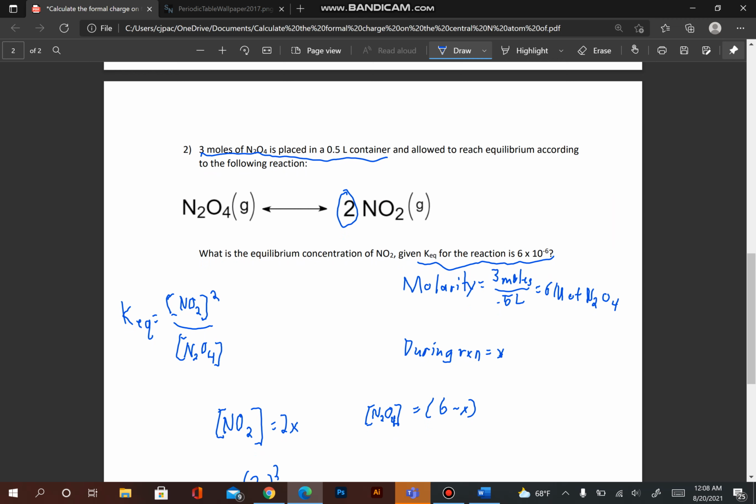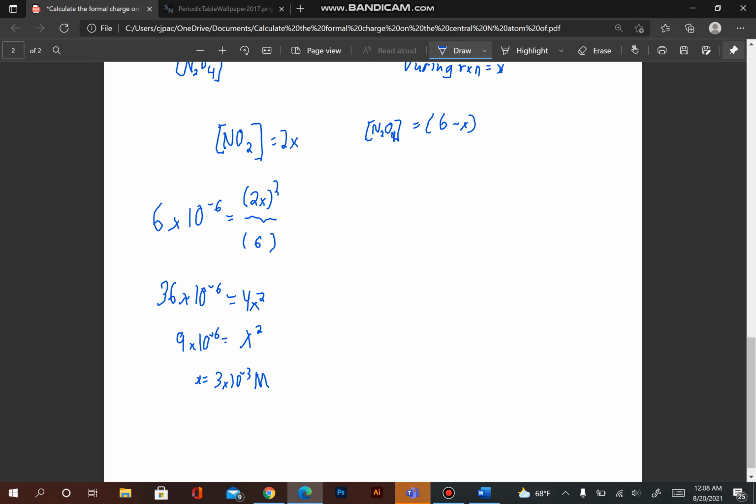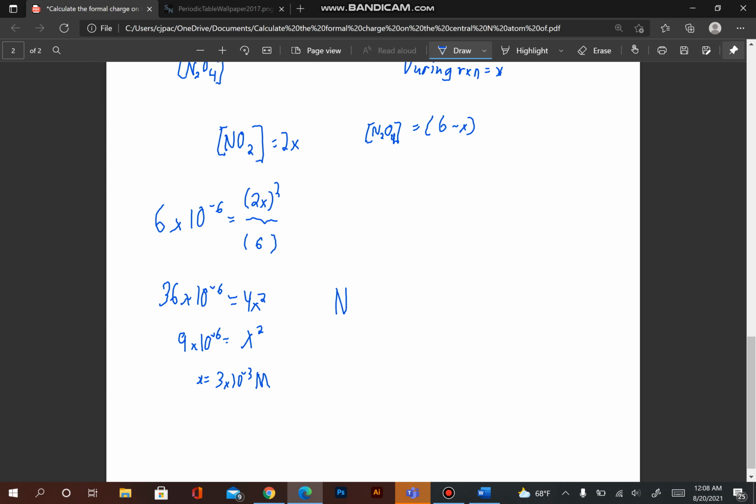We multiply our value by 2 and get our final value. And this is our final equilibrium concentration.